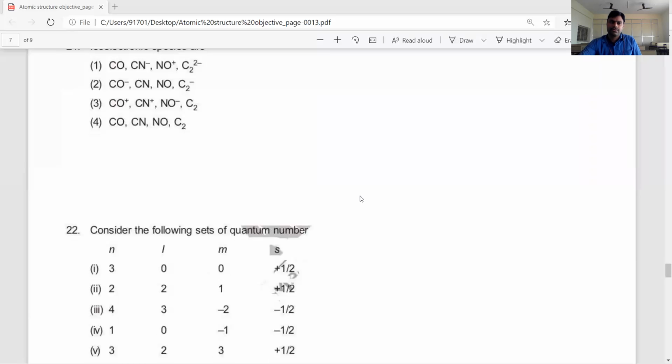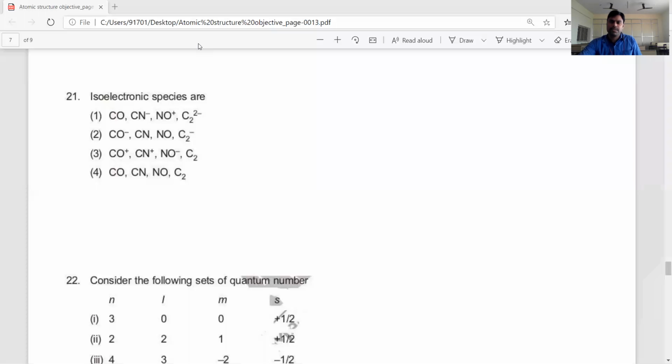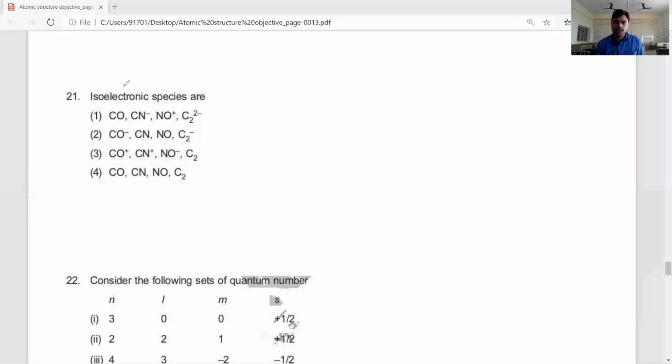Next, isoelectronic species. What is the meaning of isoelectronic species? Isoelectronic species means atoms or ions containing the same number of electrons. Let's see the first one, CO. Carbon has 6 electrons, oxygen has 8 electrons, 6 plus 8 is 14 electrons.